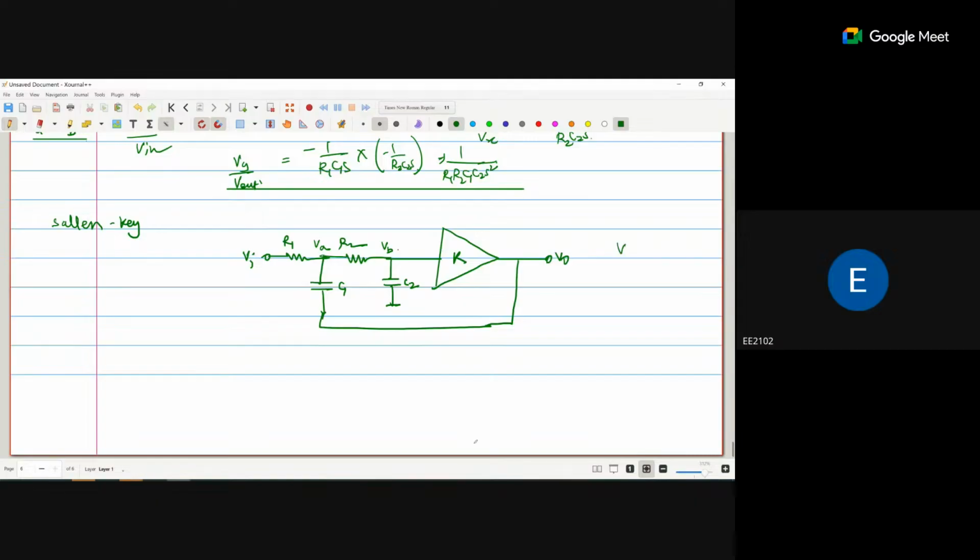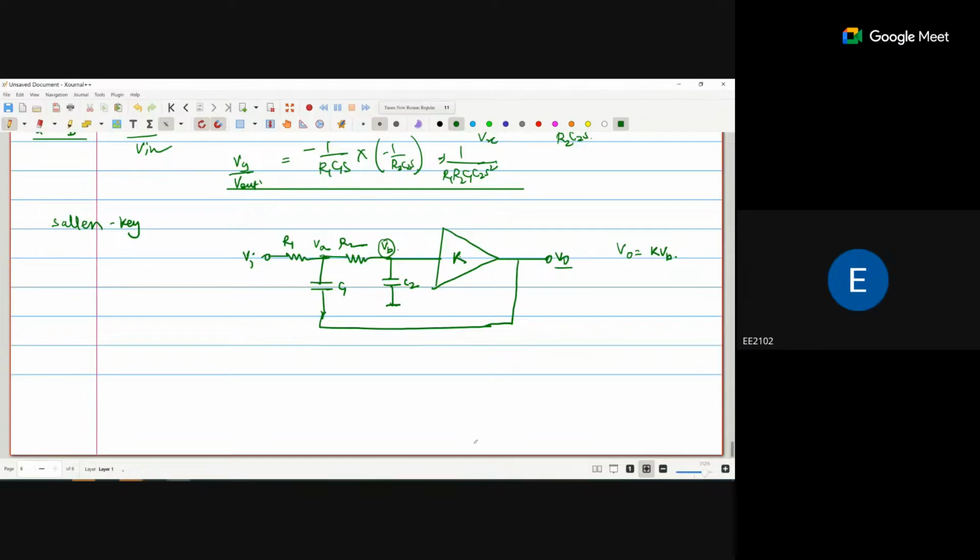So what is the V out? K times VB. The voltage we are getting, multiplied with K, we are getting the V out.